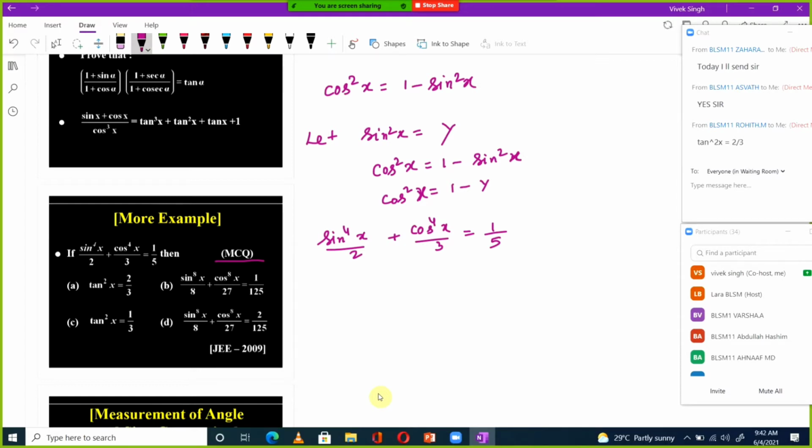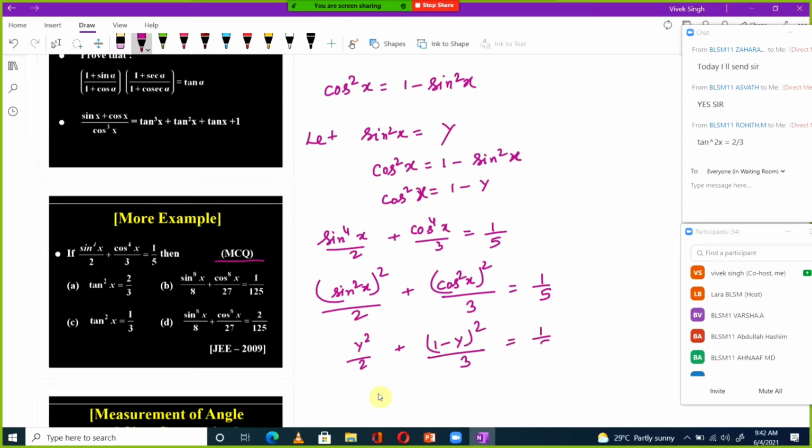So here this sin to the power 4x, can I write sin square x whole square divided by 2 plus, similarly this cos to the power 4x also we can write cos square x whole square divided by 3, and this will be equal to 1 by 5. Now substitute, in place of sin square x what can I write? Y. So this will become y square by 2 plus, what will be your cos square x? It will be 1 minus y whole square divided by 3 equal to 1 by 5.